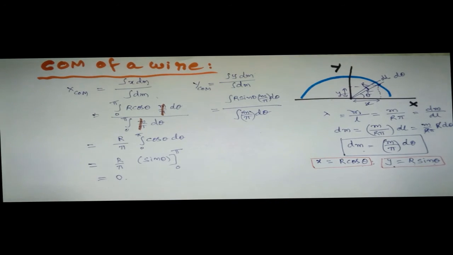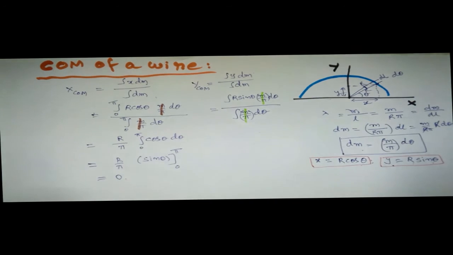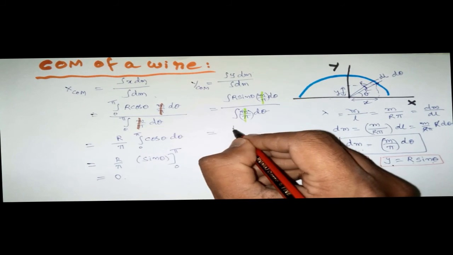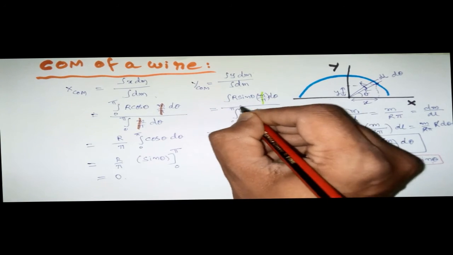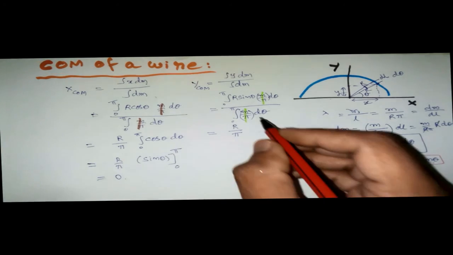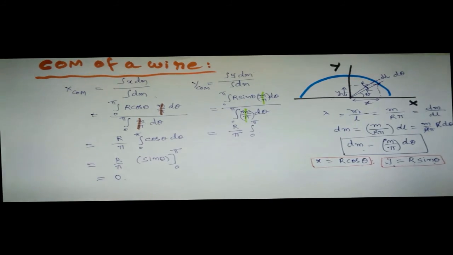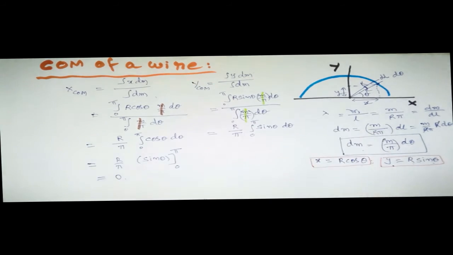Now one can cancel the terms m by pi and m by pi. Then we have r by pi because the limits are running from 0 to pi, and the remaining integral is 0 to pi of sin theta d theta.